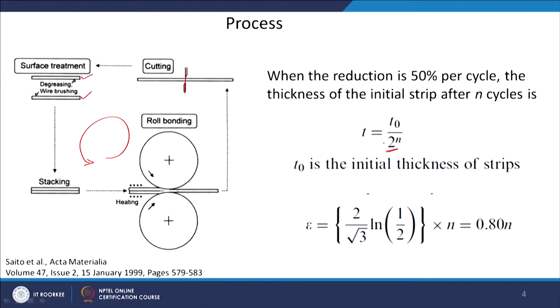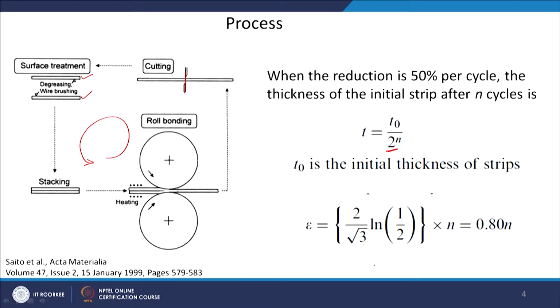So, we are already considering here that we are doing 50% reduction. So, it will be dependent on the number of cycles. If you have done 10 cycles, you can easily calculate what will be the thickness of the sheet, where T naught is the initial thickness.